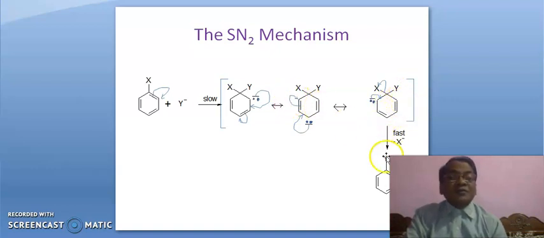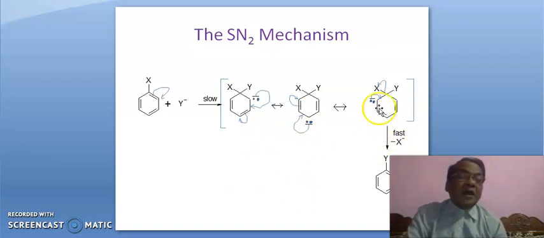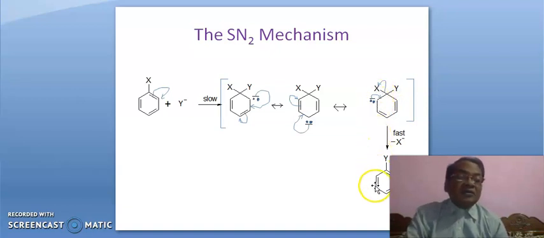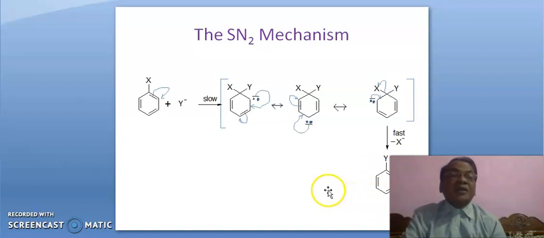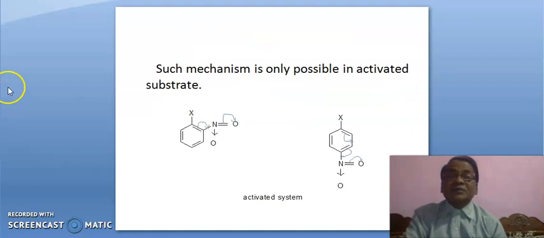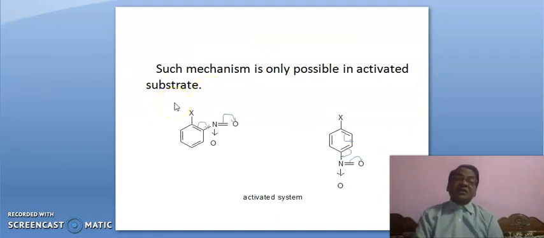So these three are resonating structures, and finally this electron will shift in this fashion, leaving X minus and giving this monosubstituted benzene. This is all about the SN2 mechanism. Such a mechanism is only possible in an activated substrate. It is very important, friends.